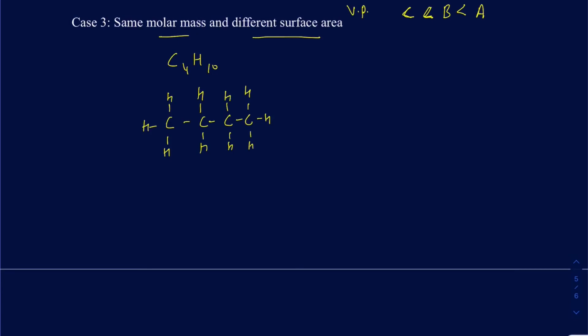Another structural formula for this C4H10 is if you have only 3 carbons in the main chain, and then one of the carbons is coming out from the second carbon. So you have the same formula for both of those, but they are different structures, so they're going to be called constitutional isomers.